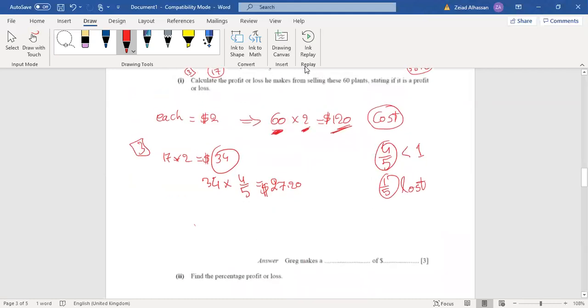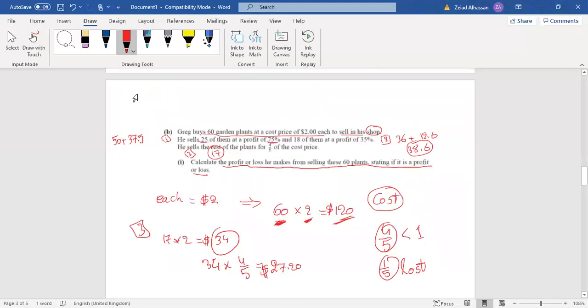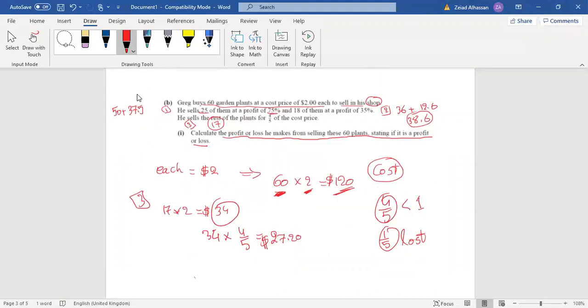Now calculate the profit or loss he makes from selling the 60 plants, stating if it is a profit or loss. So we have a profit here. We have a profit from step number 1, 37.5.